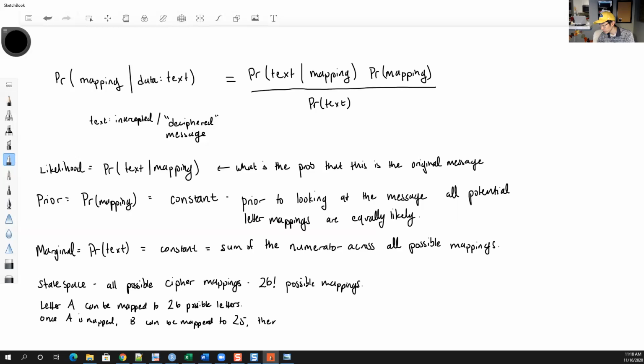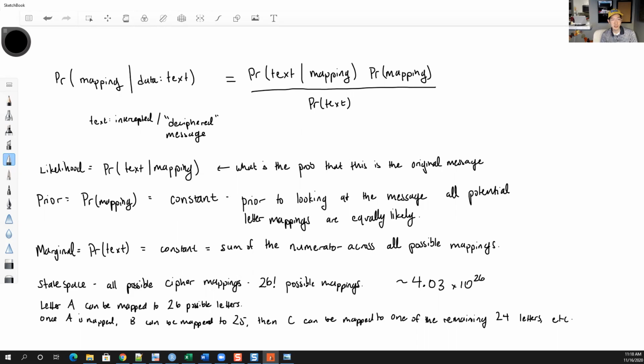Then C can be mapped to 24, and so on, to one of the other 24 letters, etc. So 26 factorial possible mappings. 26 factorial is around 4.03 times 10 to the 26.